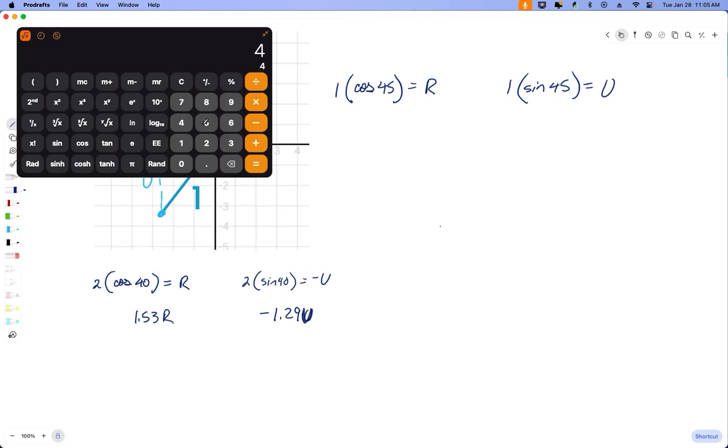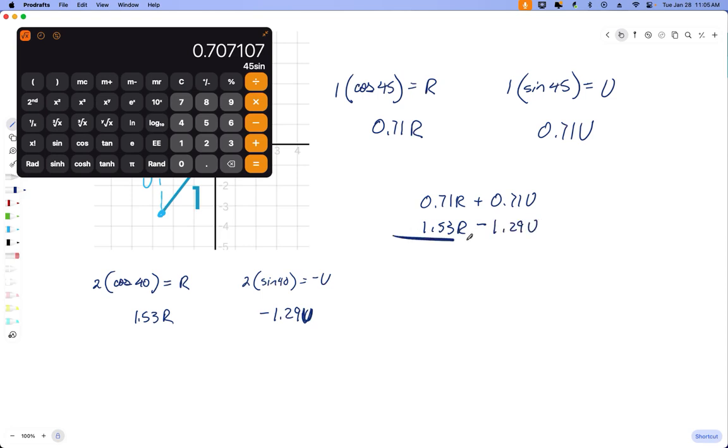Here we've got 45 cosine times 1 would be itself, so 0.71 r, and 45 sine, guess what, same number, and it's positive, so 0.71 u. Okay, 0.71 r plus 0.71 u, 1.53 r minus 1.29 u.